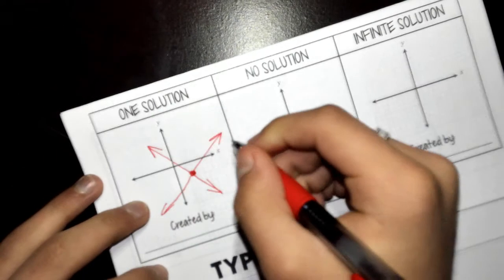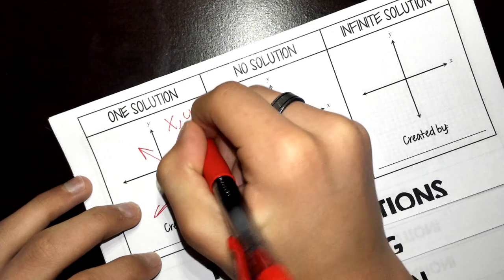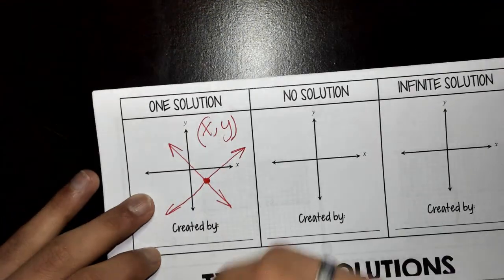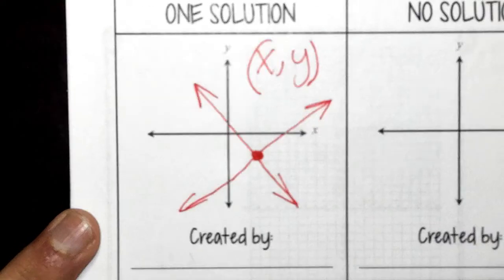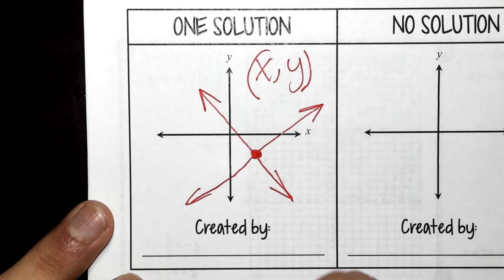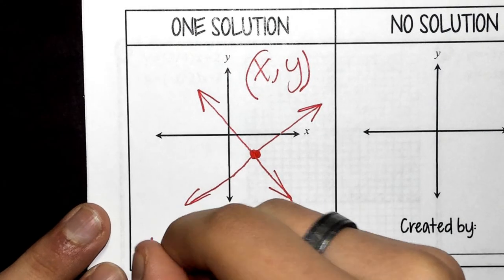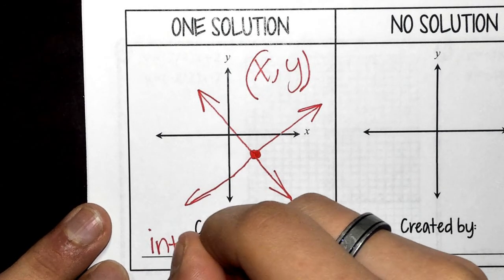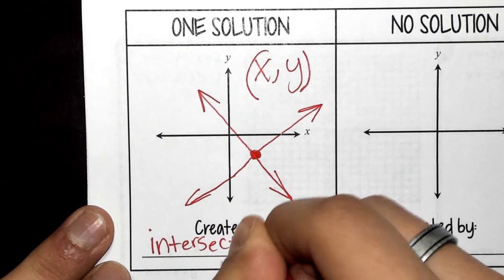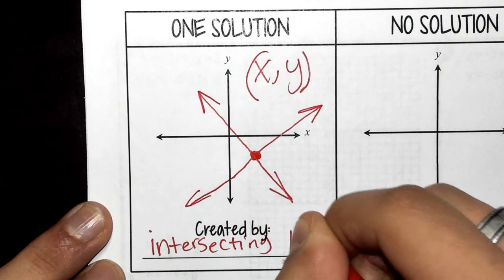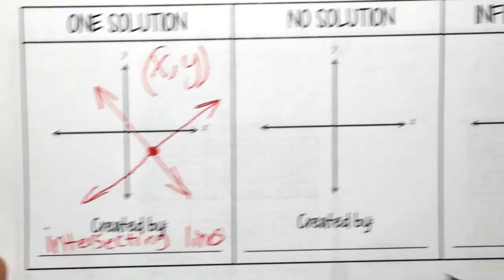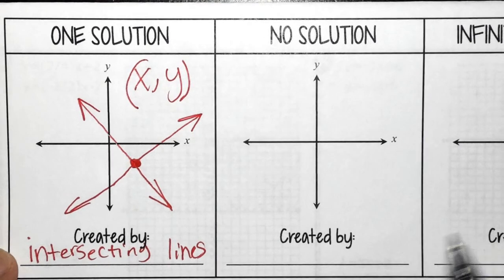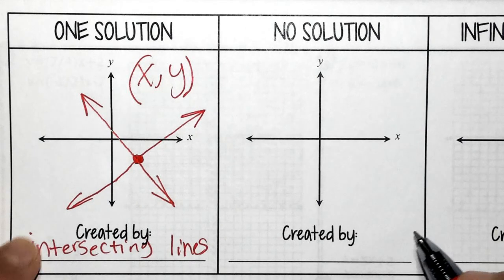So that one would be x, comma, y. So that's intersecting lines.